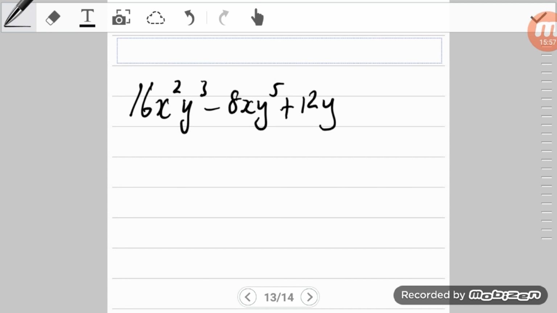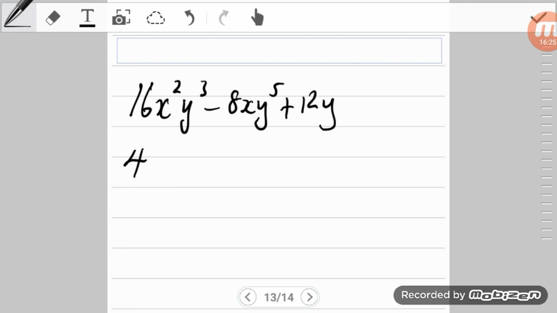So 16, 8, 12, the highest number that could divide into all three would obviously be 4. We'll take a look now to see if all the x's are spread out evenly. There's an x squared here, there's an x here, but unfortunately there isn't an x here, so x is not going to be a part of the highest common factor.